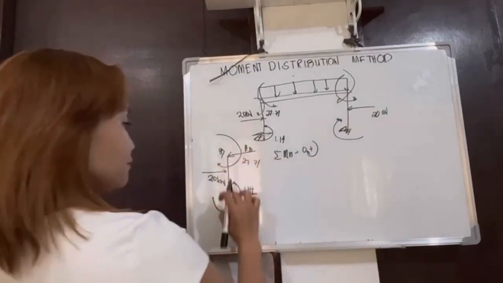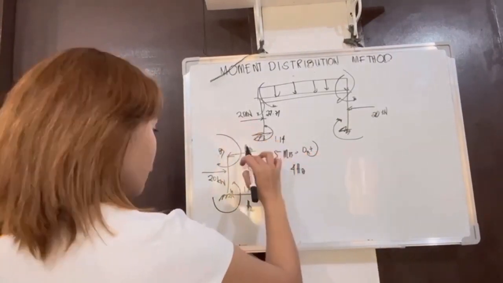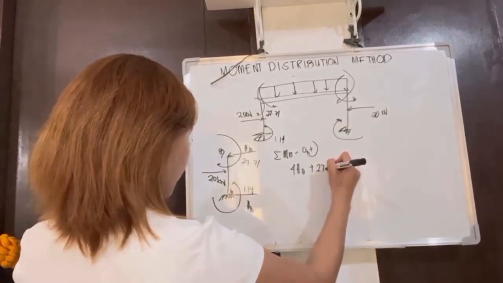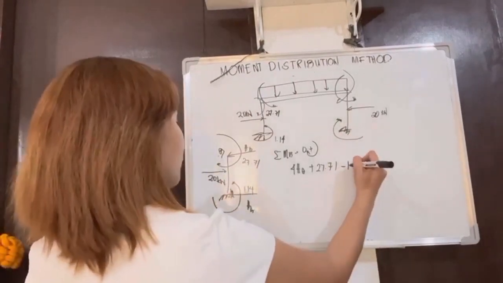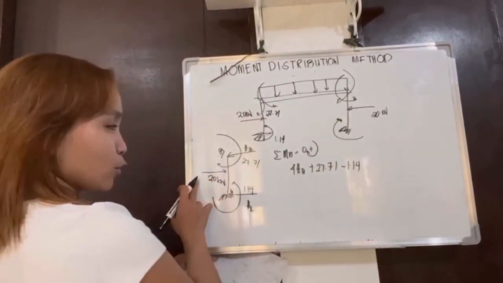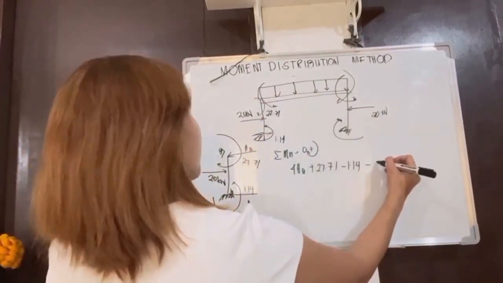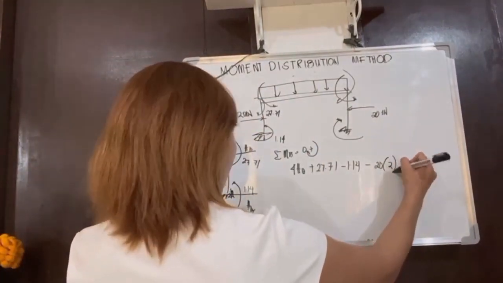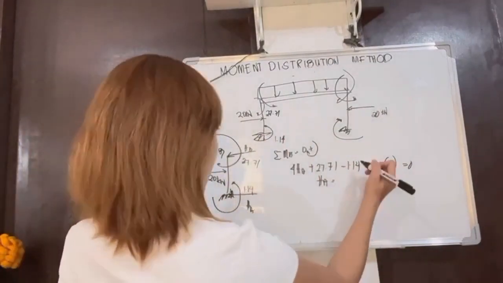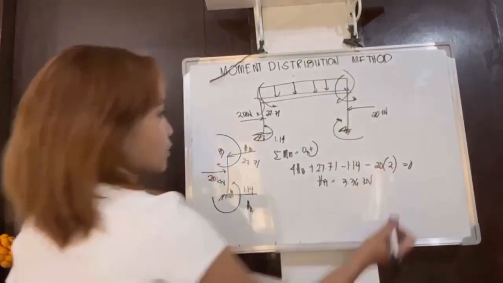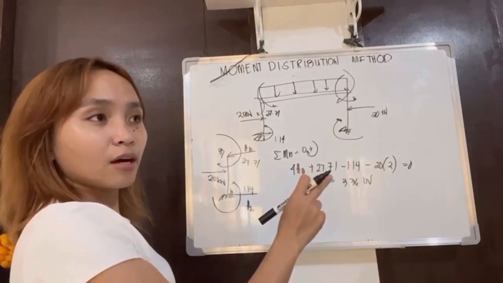For HA, this one is counterclockwise so positive 27.71. This one is negative since it is counterclockwise, negative 1.14. Our load of 20 toward B is negative since it is counterclockwise. So, negative 20 times 2 is equal to 0. So, our reaction at A, HA, is equal to 3.36 kN.